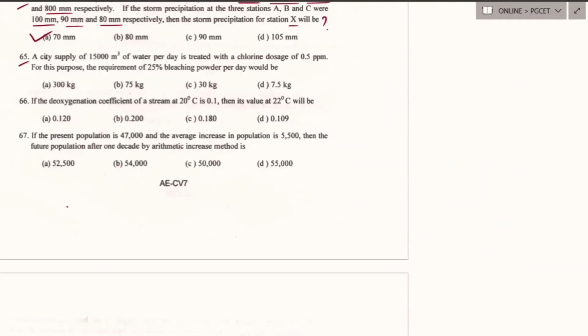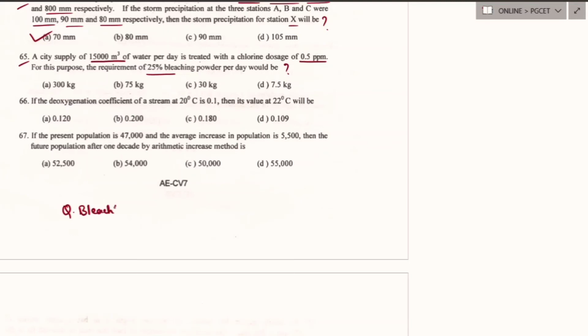Question number 65. A city supply of 15,000 meter cube of water per day is treated with chlorine dosage of 0.5 parts per million. For this purpose, the requirement of 25% bleaching powder per day would be. So we have to find the amount of bleaching powder per day.